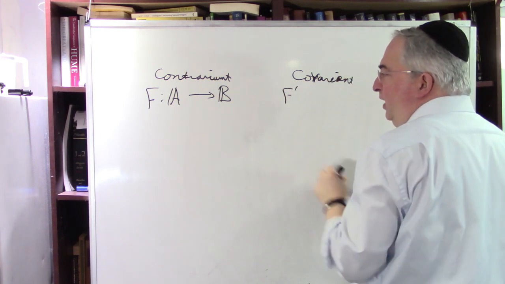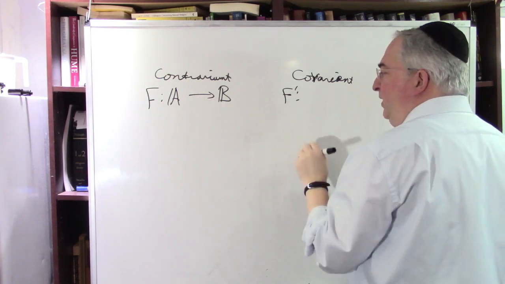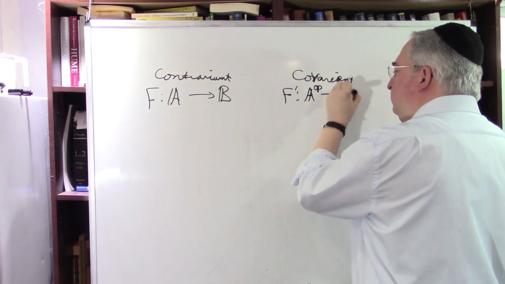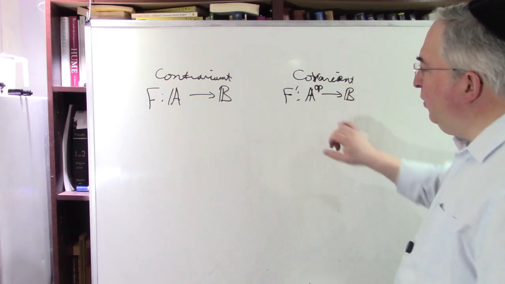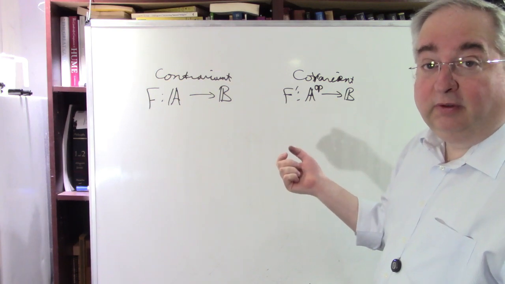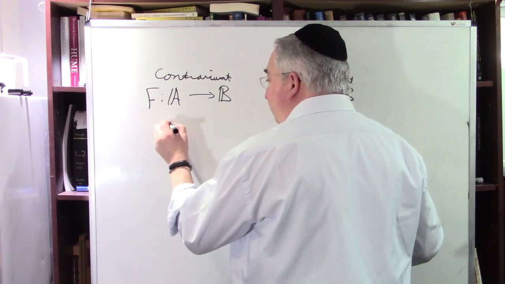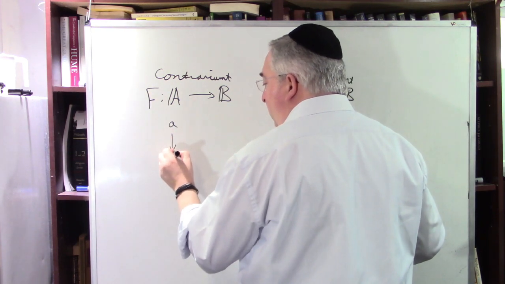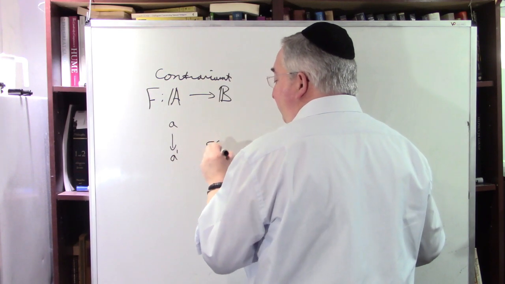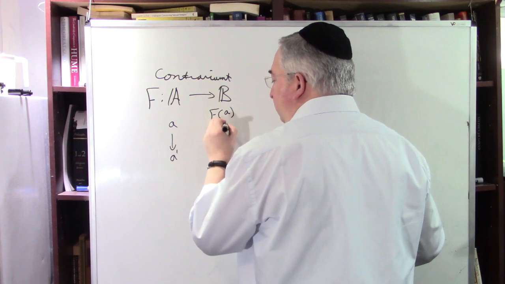We'll call it F prime, which is related to F. But instead of going from A to B, it goes from A opposite to B. So what's A opposite? Flip the arrows around. If you have a map from A to A prime, then the contravariant functor is going to go from F of A prime to F of A.